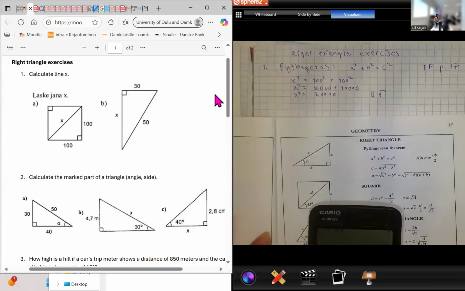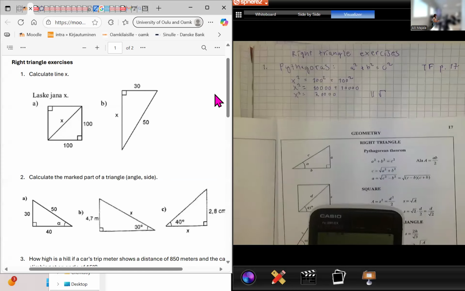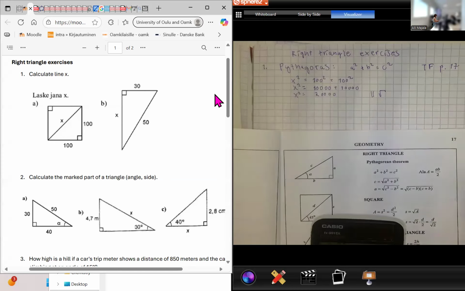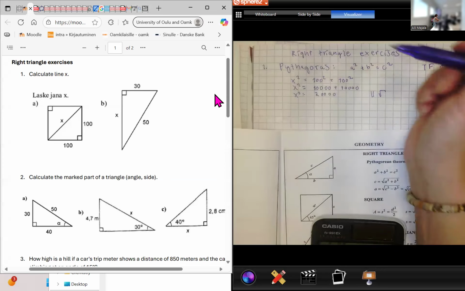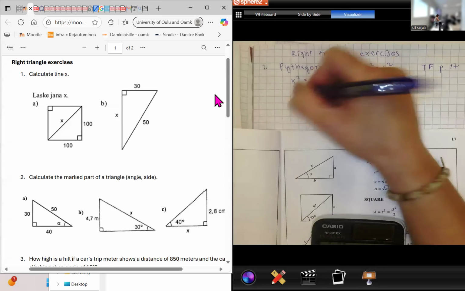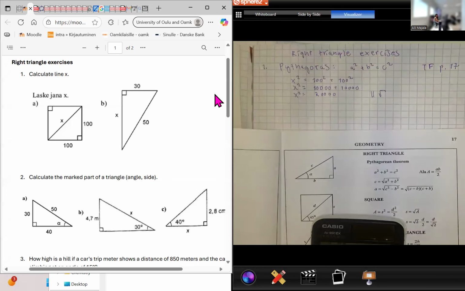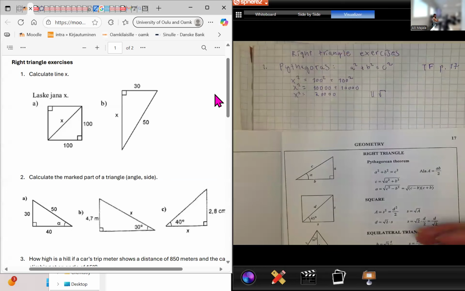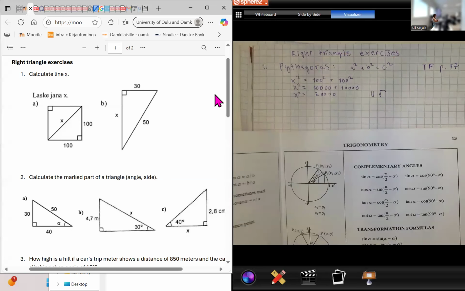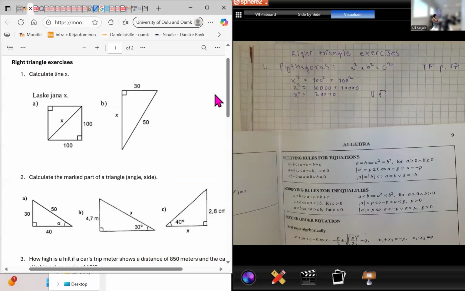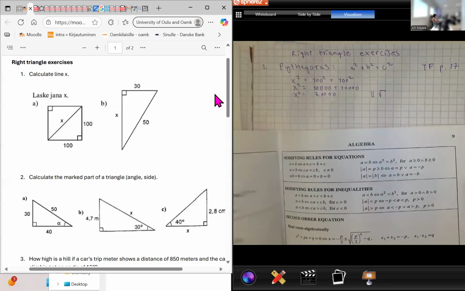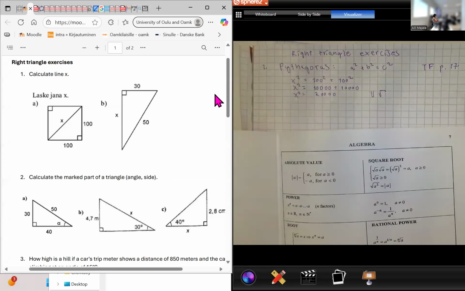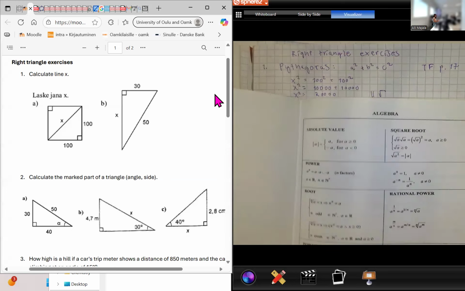Yeah, so here we have to now use the square root, even if we really didn't yet learn how to use it. What can you do? The square root is here also.